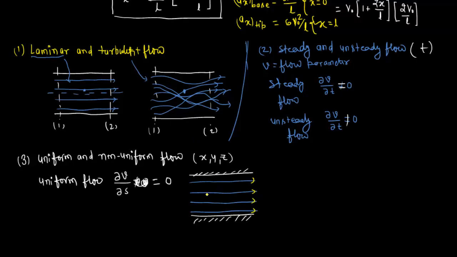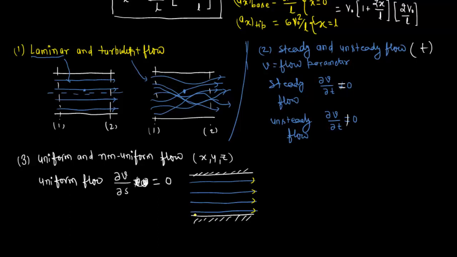Now, if there is no viscosity, first of all we can't say this, but let's suppose the fluid is an ideal fluid. In that case there is the no-slip condition.